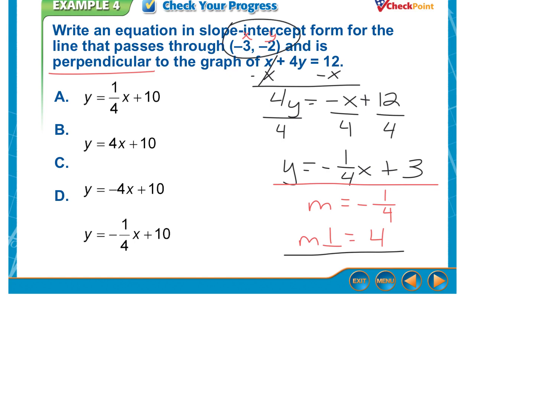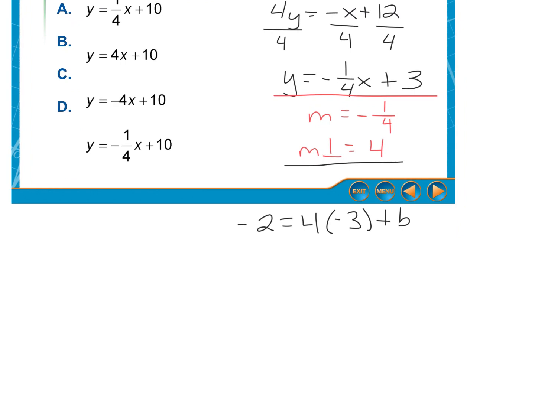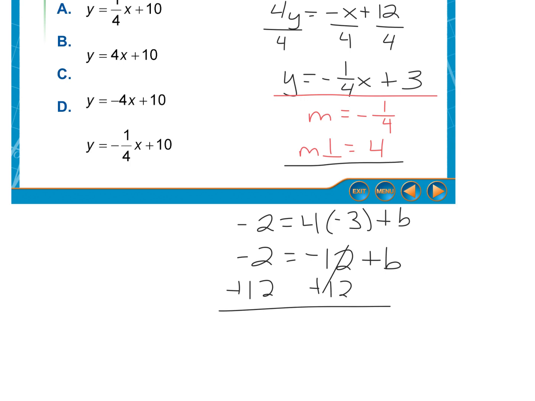Negative 2 equals, we want our perpendicular slope, so the slope that we made, 4, times our x, negative 3, plus b. We have negative 2. What's 4 times negative 3? Negative 12. Negative 12 plus b. Add 12 over. We get 10 equals b. Okay, are we done here?